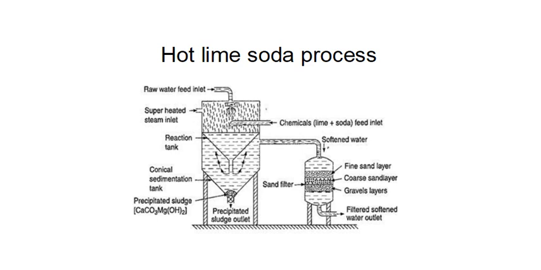The first one is fine sand layer, the second is coarse sand layer, the particle size is bigger, just less than pebbles, you can see. Then gravels are there, the biggest size one, and thus filtered water comes out from the final outlet, the filtered softened water outlet.